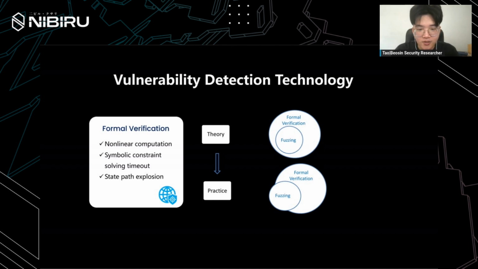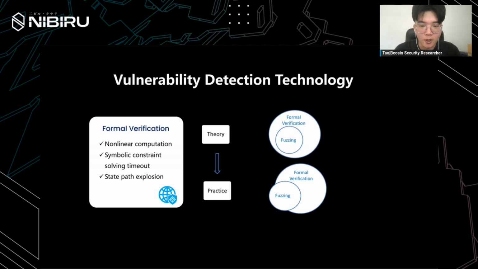In theory, the bugs found by fuzzing are contained in those found by formal verification. But in practice, we cannot strictly write the formal specification.